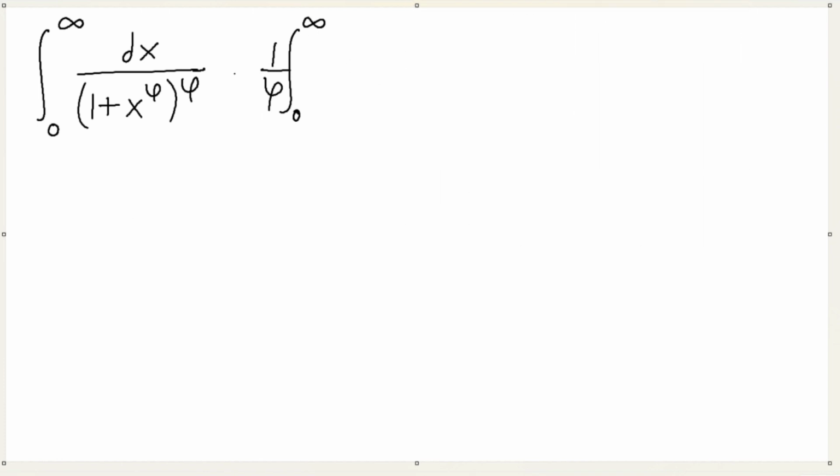Okay, so we let u equal x to the power of golden ratio, and we end up with 1 over phi, and then du, but we need to do the x to the power of phi minus 1. Let me write this part here so I don't forget.